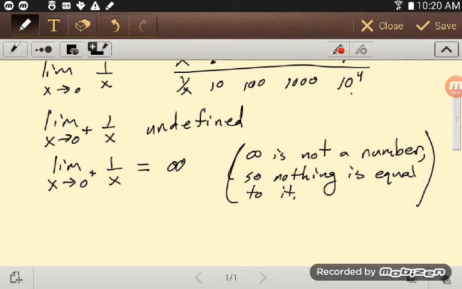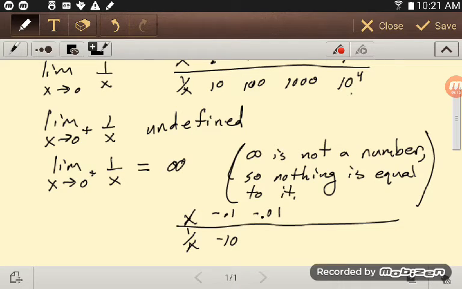Now similarly, if I put in numbers that got close to 0 from the negative side, so if I put in minus 0.1, I would get negative 10. Minus 0.01, I would get negative 100.